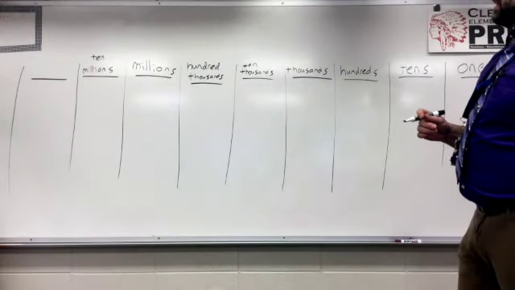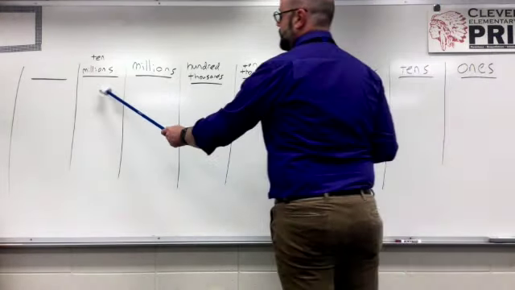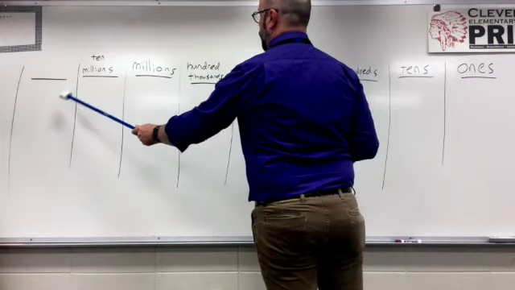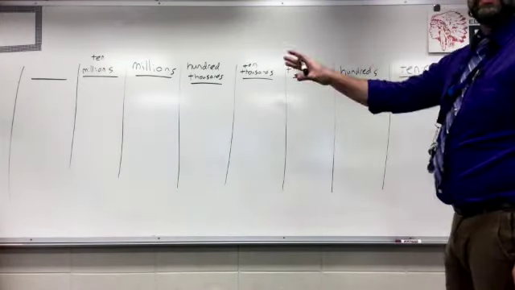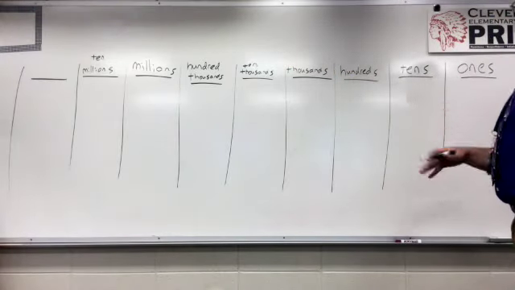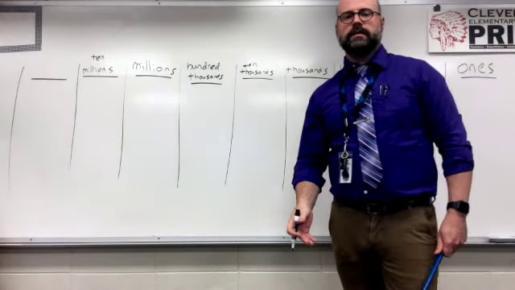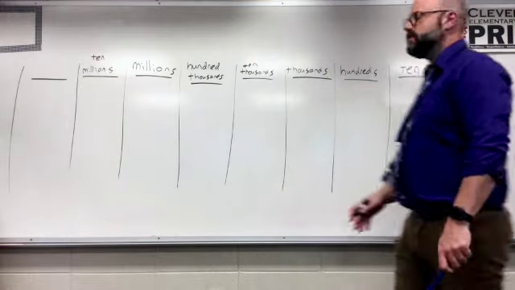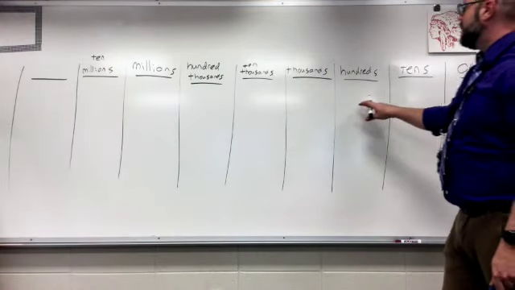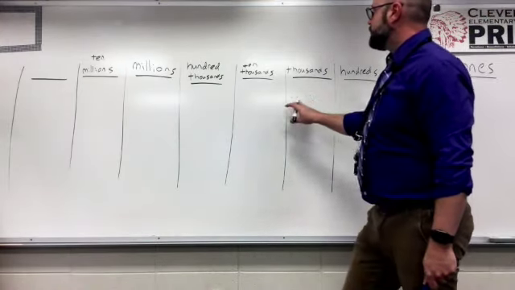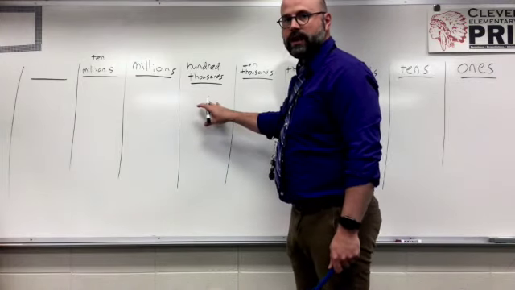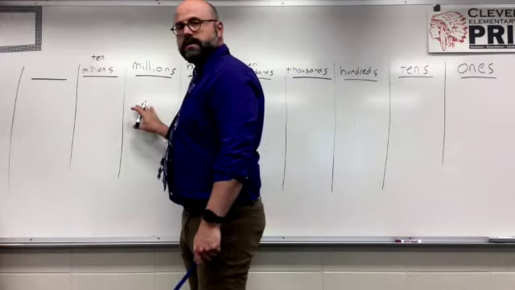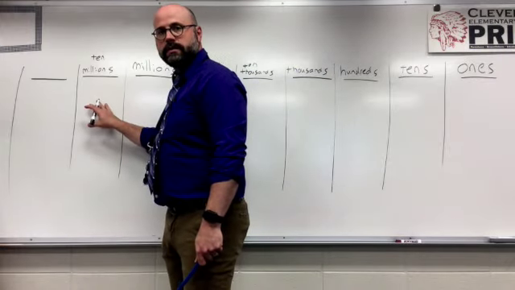So if our next spot that we filled in was 10 millions, what will the last empty spot be based on the pattern? Math is all about patterns, guys. What is the pattern you notice? Ones, tens, hundreds, thousands, 10,000s, 100,000s, millions, 10 millions.